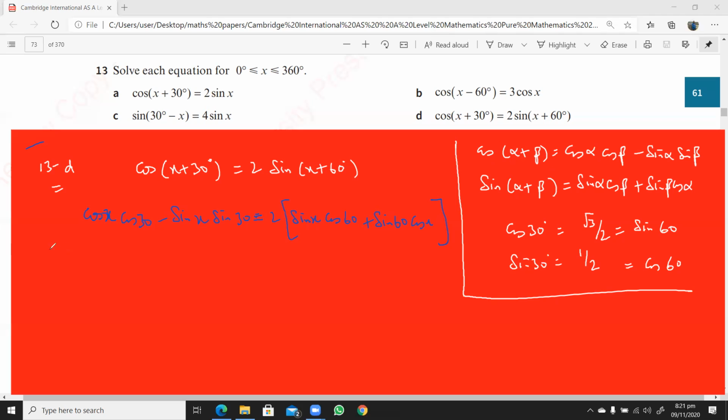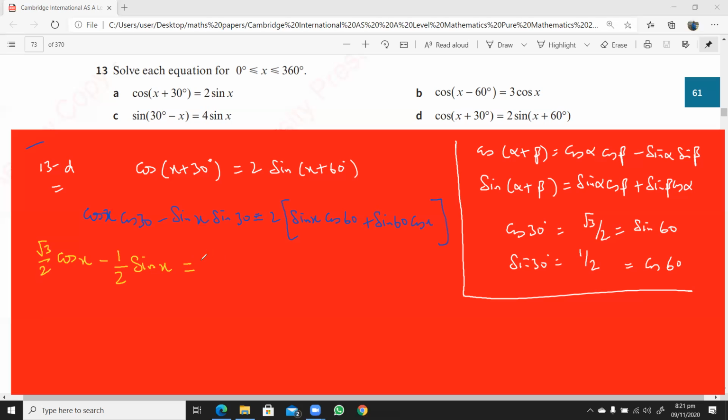So we know that cos 30 is root 3 over 2, so this is going to be root 3 over 2 cos x, and we know that sin 30 is half, so you have to use the exact values, okay? I think you must be taking the values from the calculator. That is why you get your answers wrong, and your equations become very complicated when you use the calculator for these values.